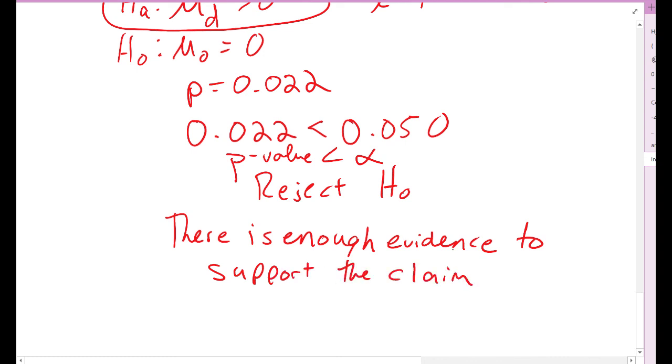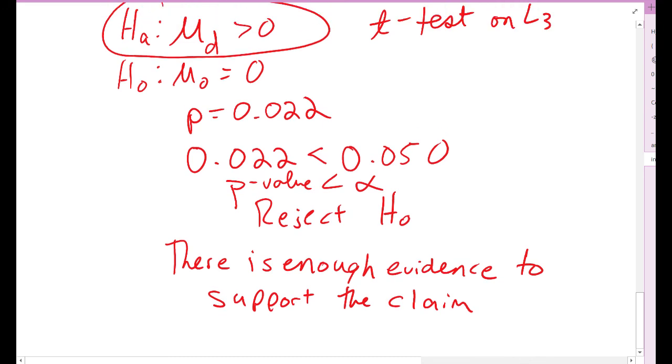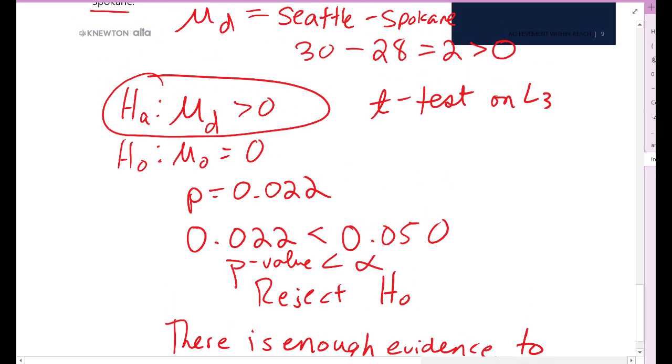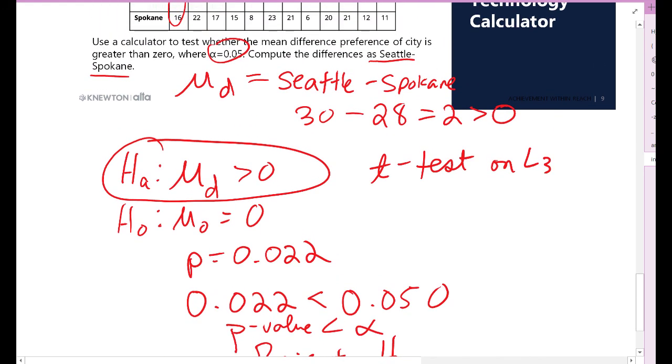And what was the claim? The claim was that mu d is greater than 0. What does that mean? That Seattle minus Spokane is greater than 0, which means that more people prefer Seattle. So there is enough evidence for us to say, based on the evidence collected, that there is a preference of people wanting to live in Seattle more than Spokane.